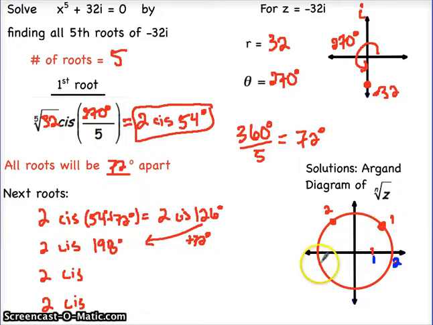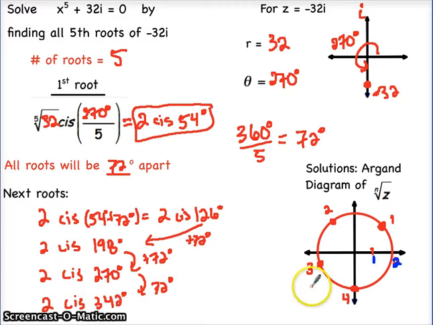So again, just a little bit past 180. Add another 72 degrees, and that makes 270, right on the money. So we'll be right here, the fourth one. And then add it one more time, 72 degrees makes 342 degrees, which would be just short of 360. So there's the fifth of the answers.